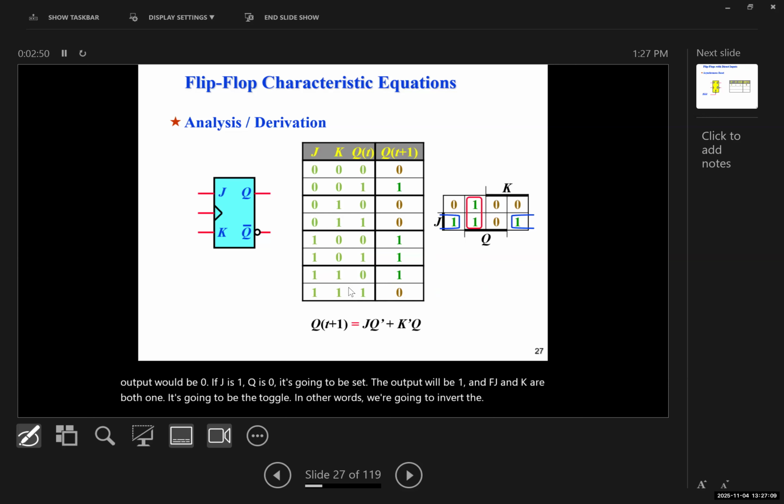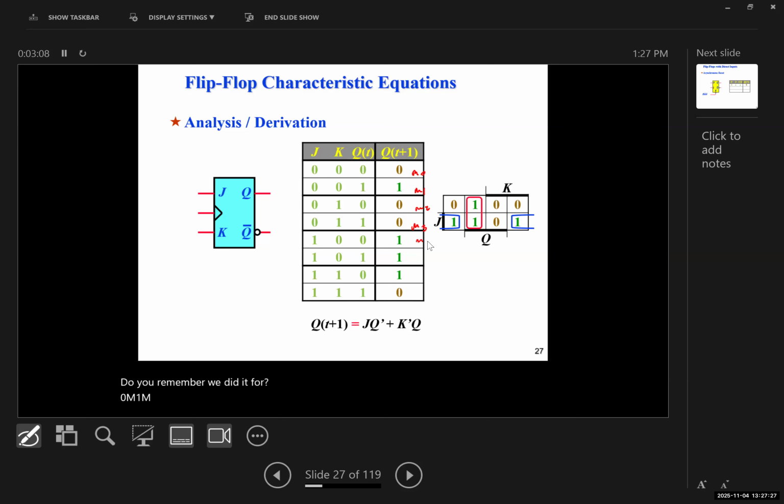output. Now, using the same method that we saw for combinational logic circuits, writing down that as M0 to M7. Do you remember? We did it for M0, M1, M2, M3, M4, M5, M6, and M7. We can draw the K-map.